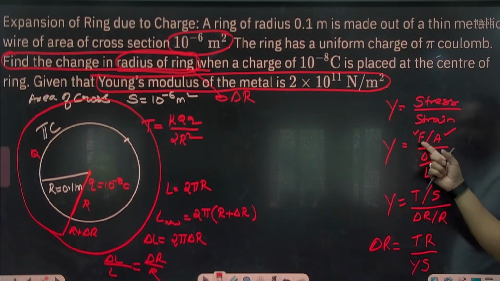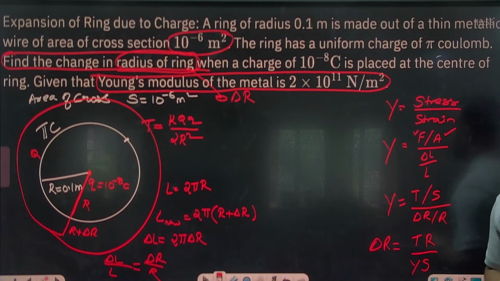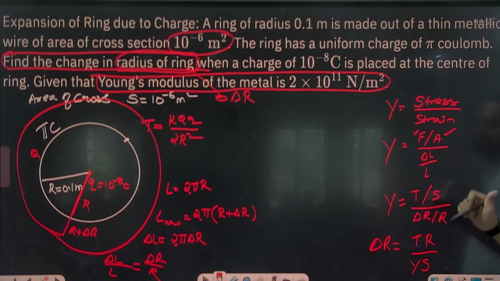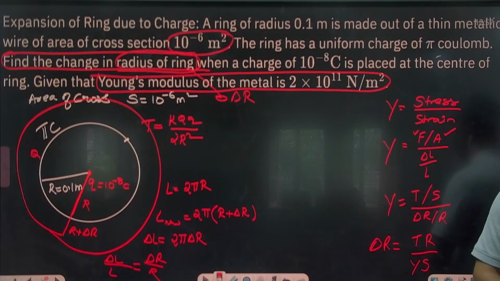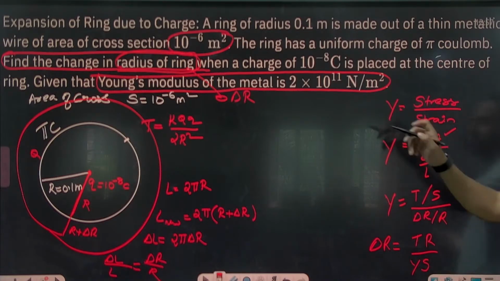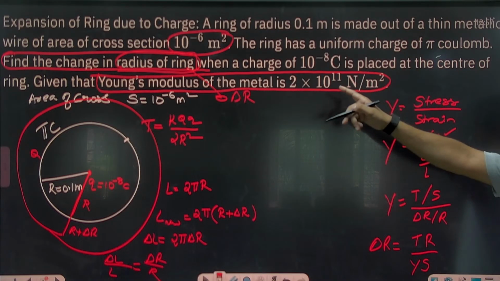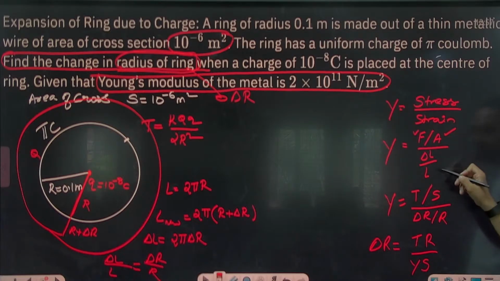Stress is the force increasing its length, that is tension, divided by the cross section area of the wire already given, and strain is delta L by L.